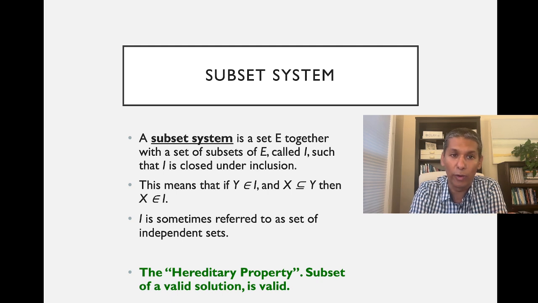And for that selected set of subsets, I is closed under inclusion. Closed under inclusion simply means that if you take an element of I, and then you take a subset of that, so here that element is Y, if Y is contained in I and you take a subset X of Y, then X is also contained in I. This is simply the hereditary property, which means that a subset of a valid solution is a valid solution.